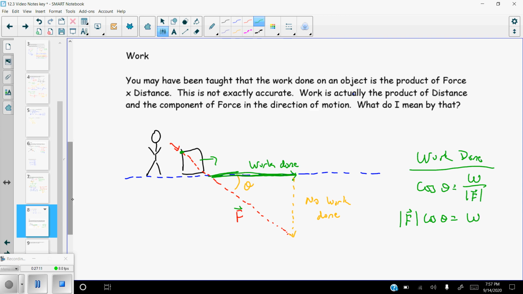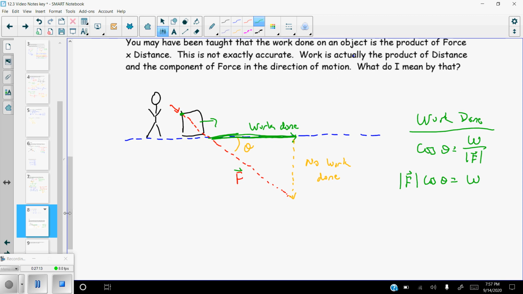Okay, and you might remember from some of your sciences that force is the same thing as mass times distance, or I'm sorry, mass times acceleration. Excuse me, force is mass times acceleration.